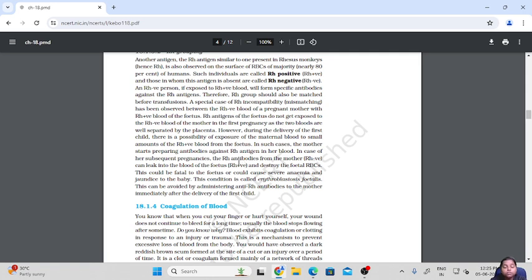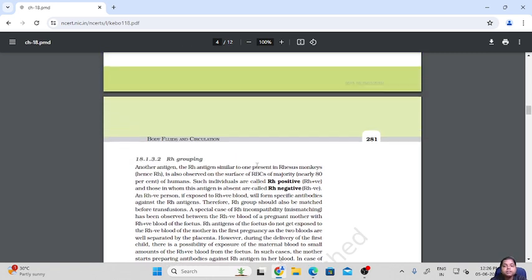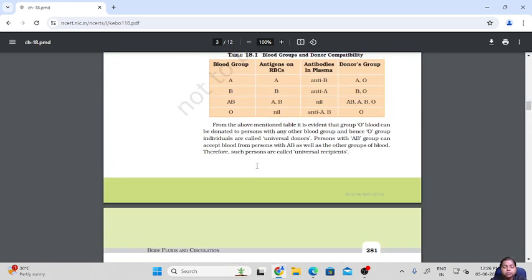So this could be fatal to the fetus, or could cause severe anemia and jaundice to the baby also. This condition is called erythroblastosis fetalis, and it can be avoided by administering anti-Rh antibodies to the mother immediately after the delivery of the first child. The remaining part we will continue in the next chapter.